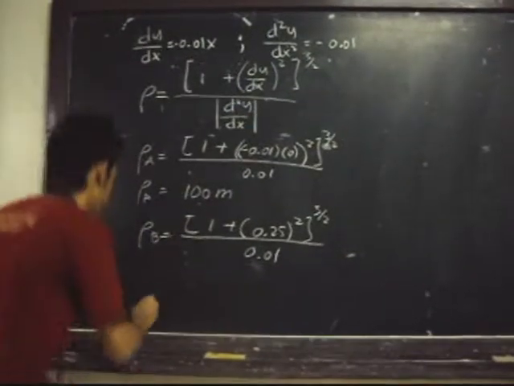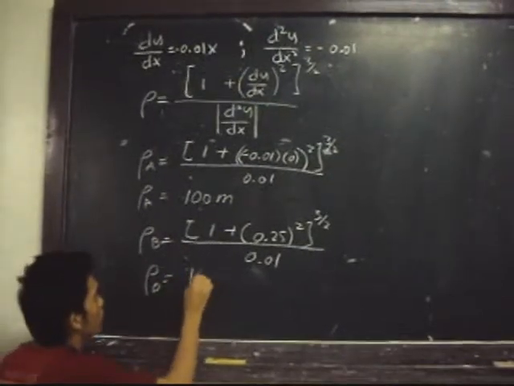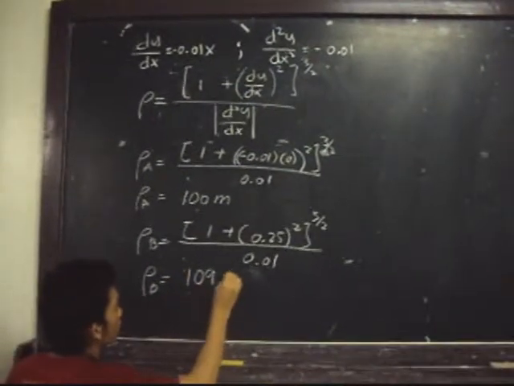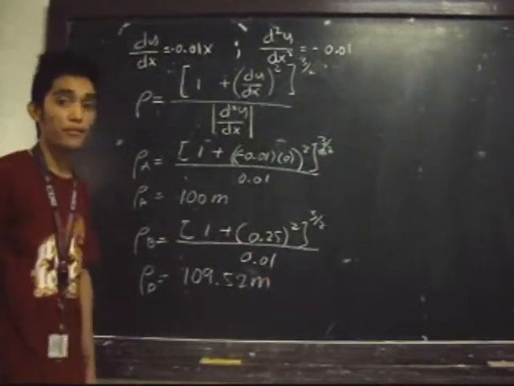Therefore, our radius of curvature at point B is 109.52 meters.